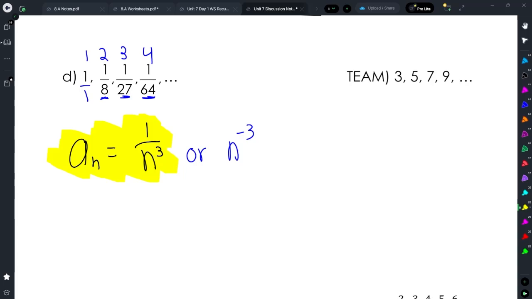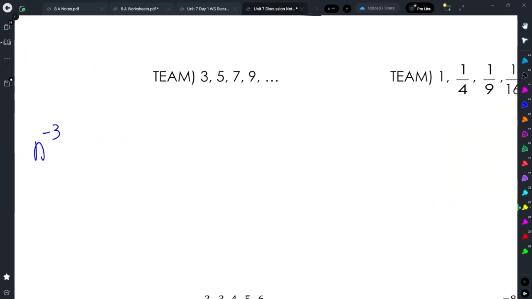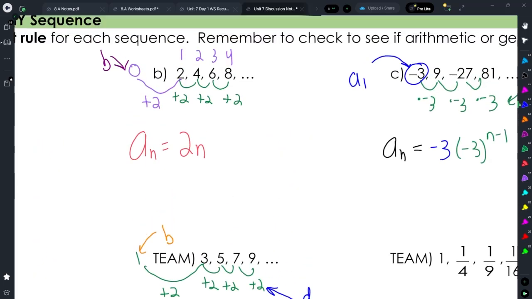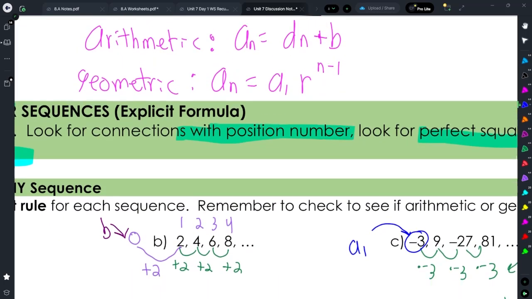those perfect cubes. All right, so now this next problem, I have +2, +2, +2. So this is arithmetic. So what happened before this? Well, this has got to be a 1 because 1 plus 2 gives you 3. So this is my B value, and this is my D value, and then I can use that formula.